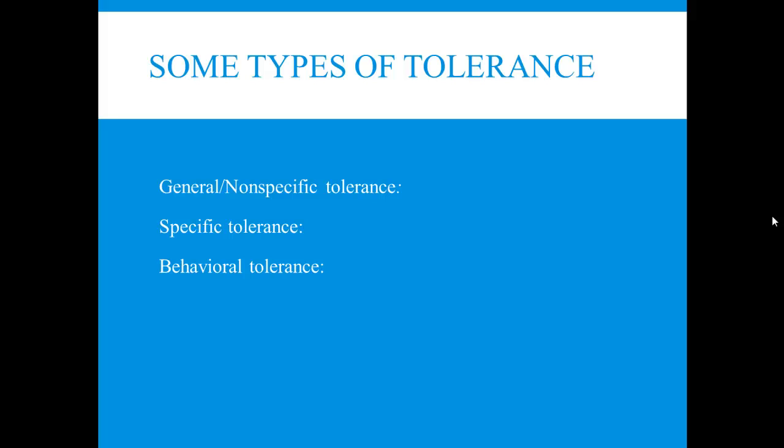When we talk about behavioral tolerance, okay, we're talking about individuals learning how to do things or carry out their everyday functions with the drug in their system. Behavioral tolerance: you learn to function when there is drug circulating in your bloodstream.